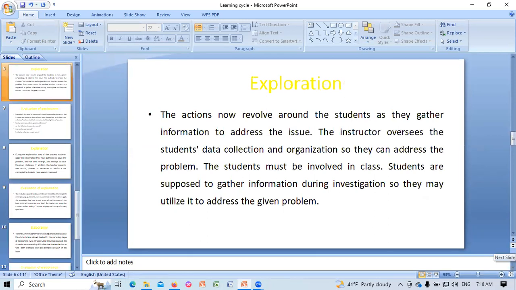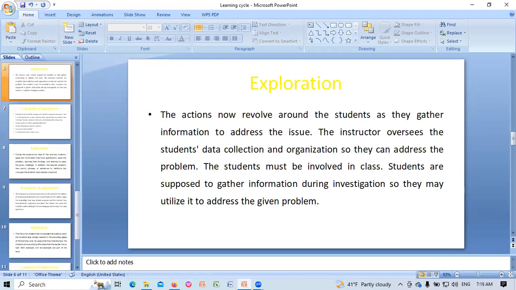Exploration. The action now revolves around the students as they gather information to address the issue, problems, or topics.